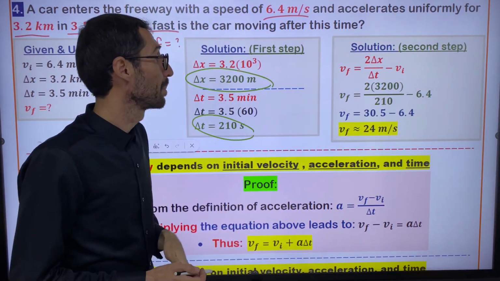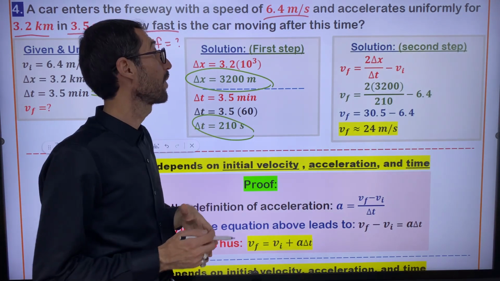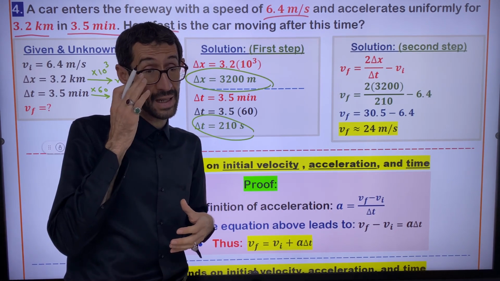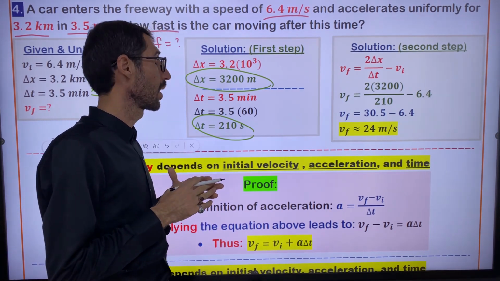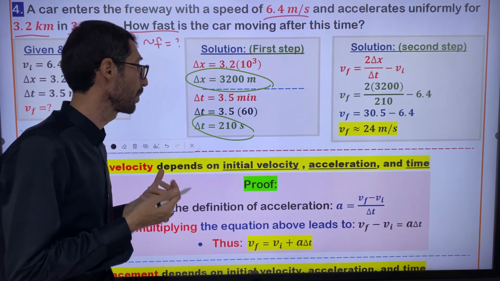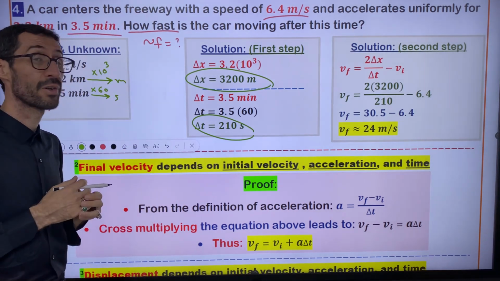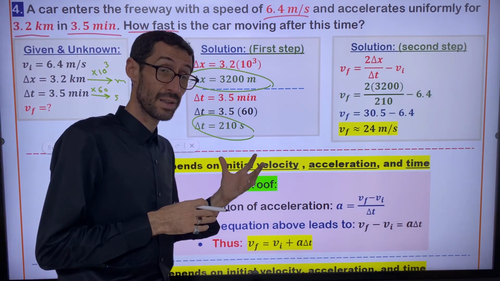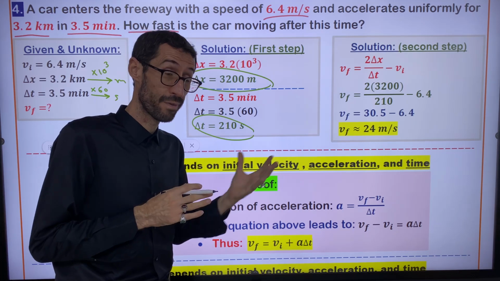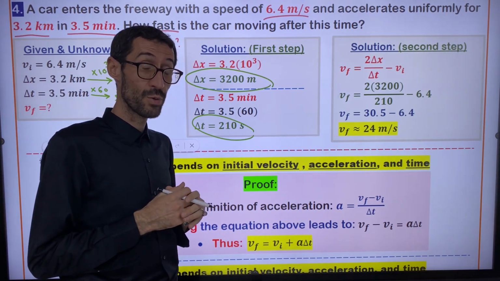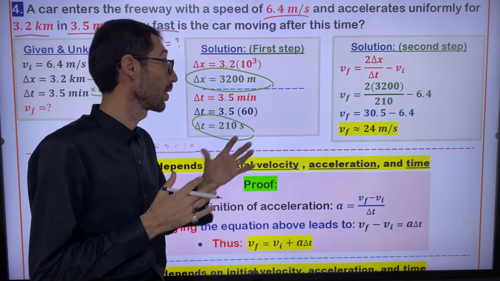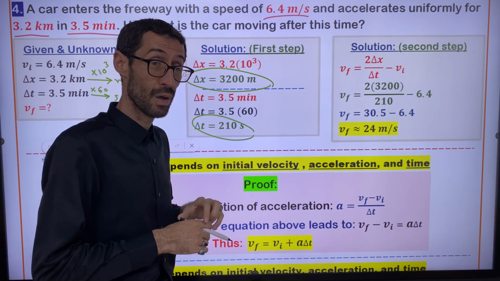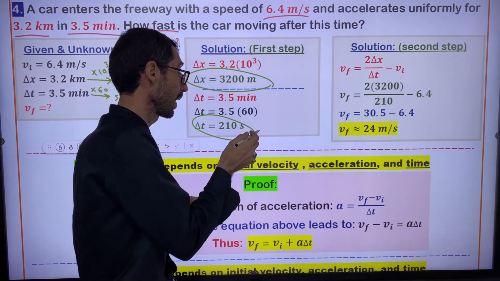Maybe you say, teacher, where does this rule come from? We haven't had this rule before. Let me remind you of the previous rule, the original rule, right? This is the rearranging of the original rule.